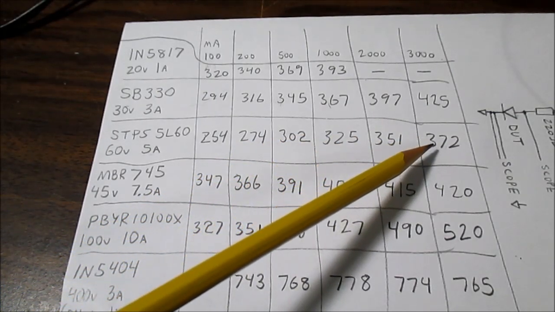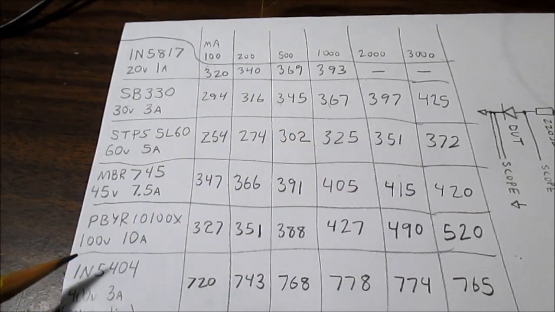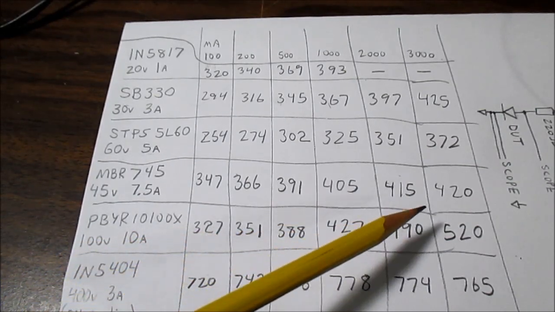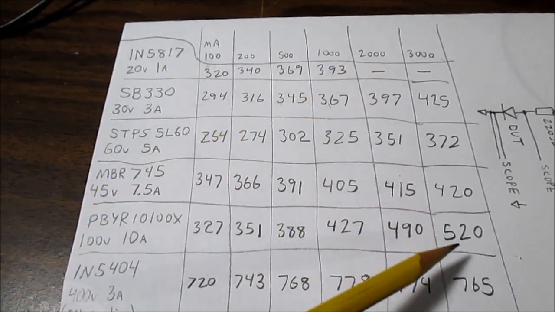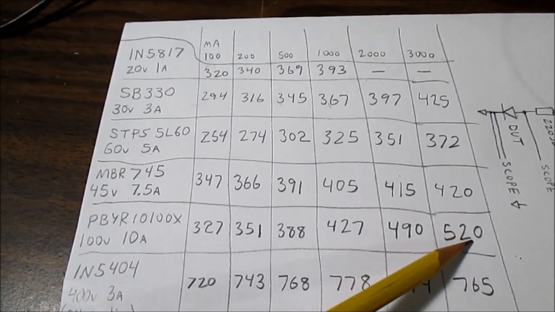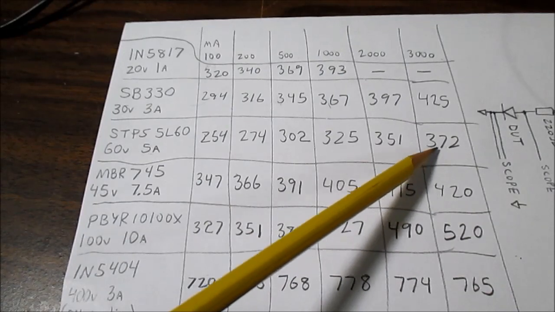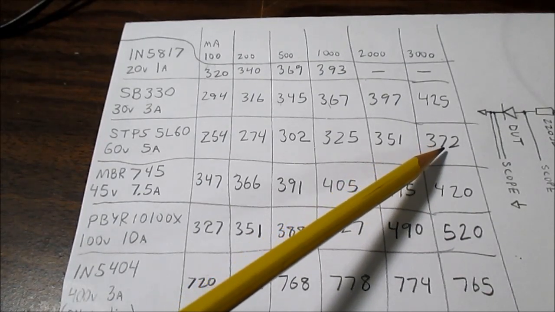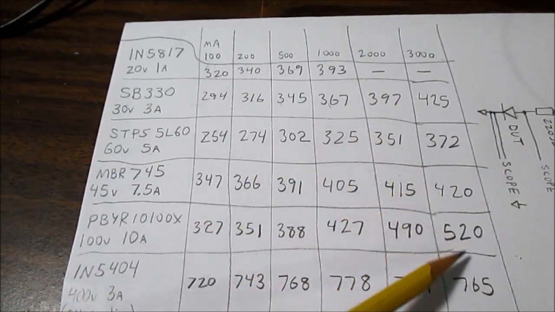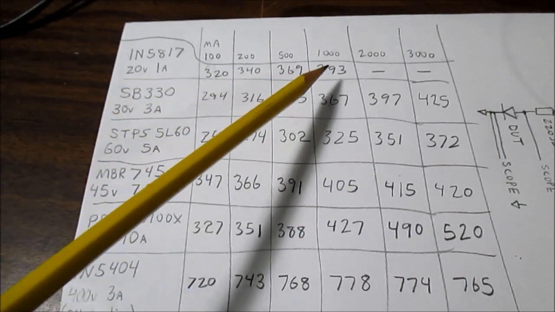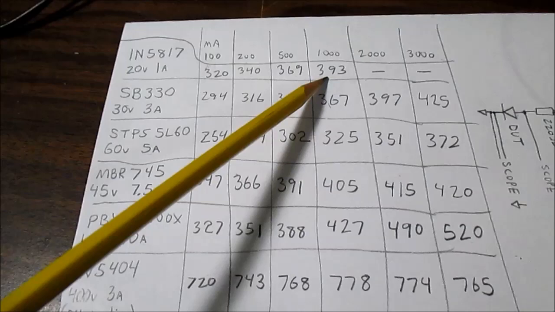Here's a 100 volt 10 amp Schottky diode. At 3 amps, it was 520 millivolts, whereas the STPS5L60 was only 372, and it's better than the other ones. Of course, this one's only a 1 amp diode, so I didn't test it beyond 1 amp.